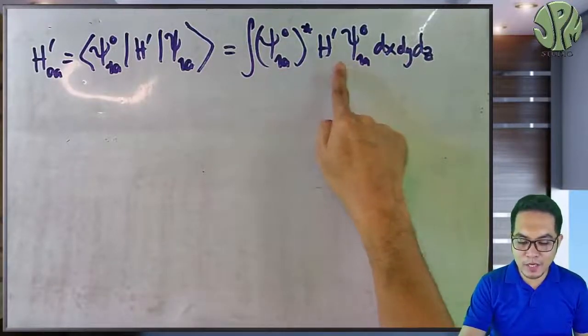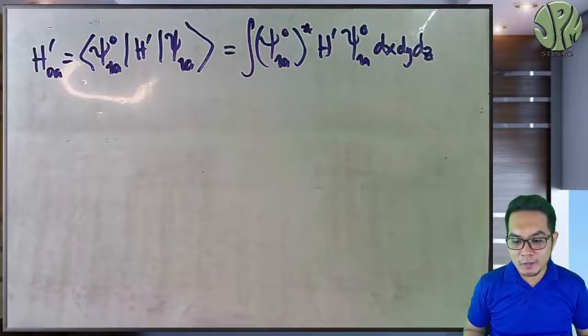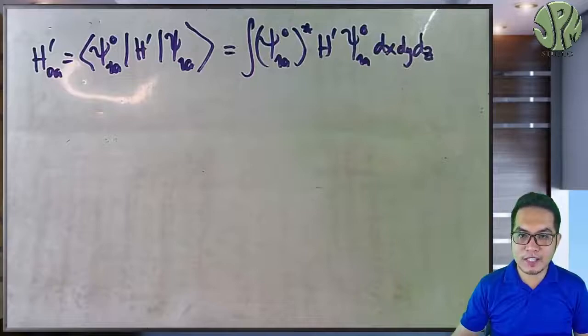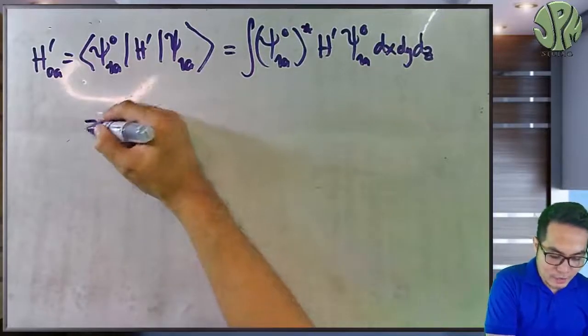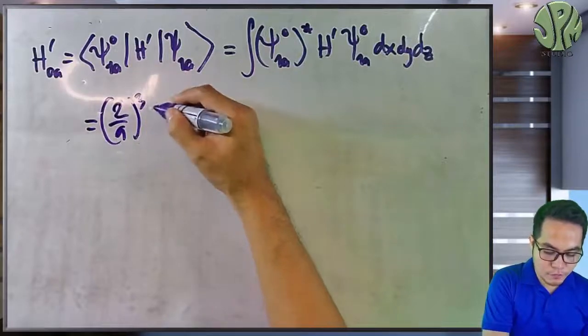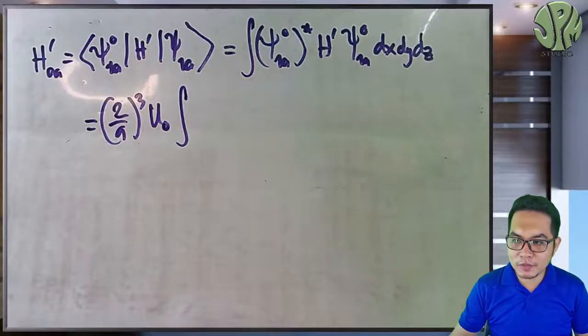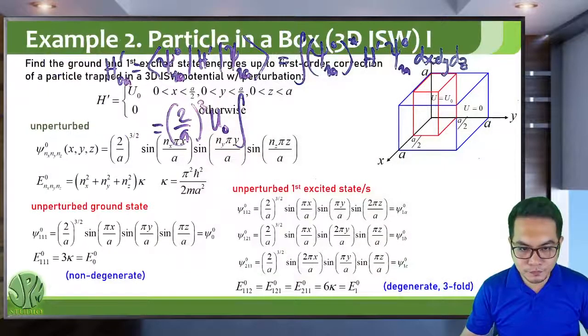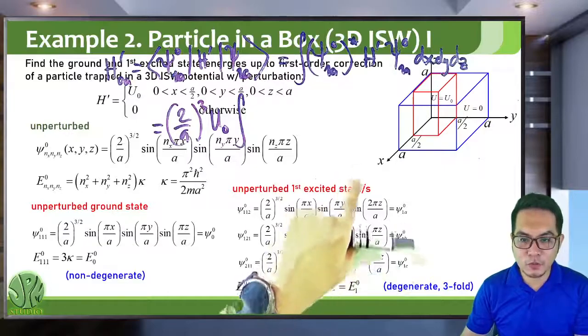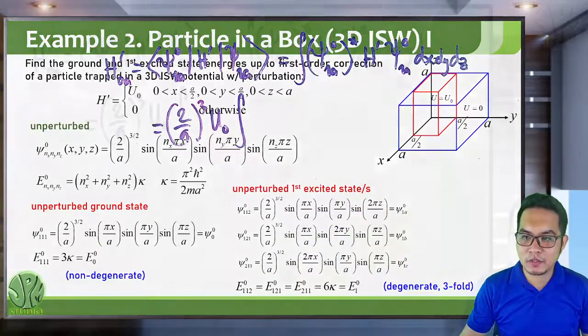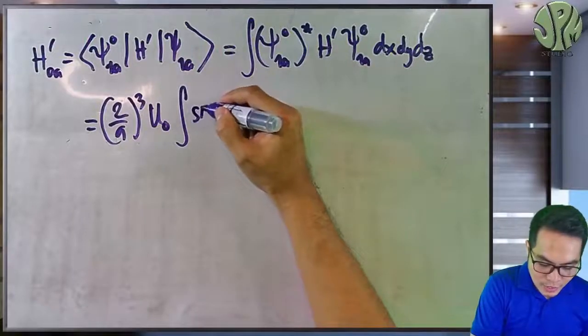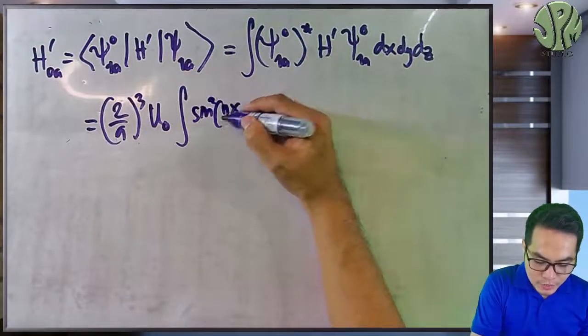So the square of psi 1a multiplied by H prime, which is u naught, but it's defined on different intervals of x, y, and z. So you will get a factor of 2 over a cubed, then u naught, and then for the x part, you will get sine squared pi x over a dx.